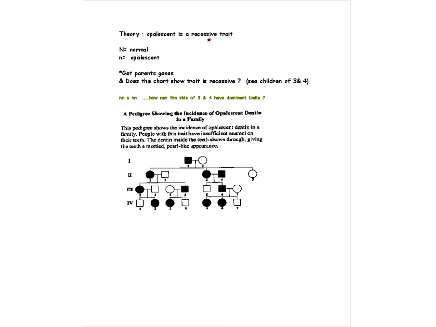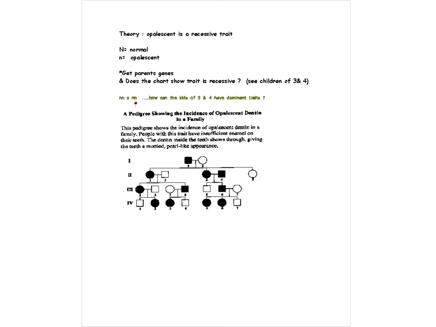If opalescence is a recessive trait, then examining the same area of the chart that we did last time, these parents would have the recessive trait, right? If opalescence is recessive, they're affected. So they would each have two small n genes, right?